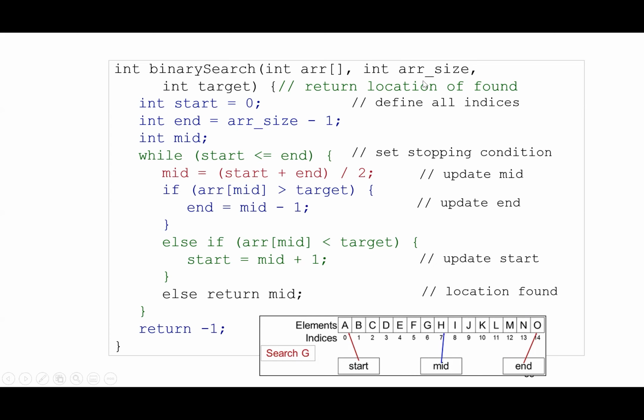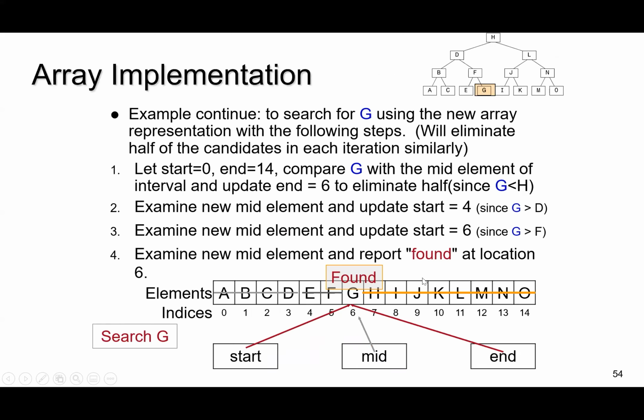Try this out. When you call the function, you can always change your target. Like in the example I showed you previously, we find G, but you can change it to other values and see how your start, mid, and end change.